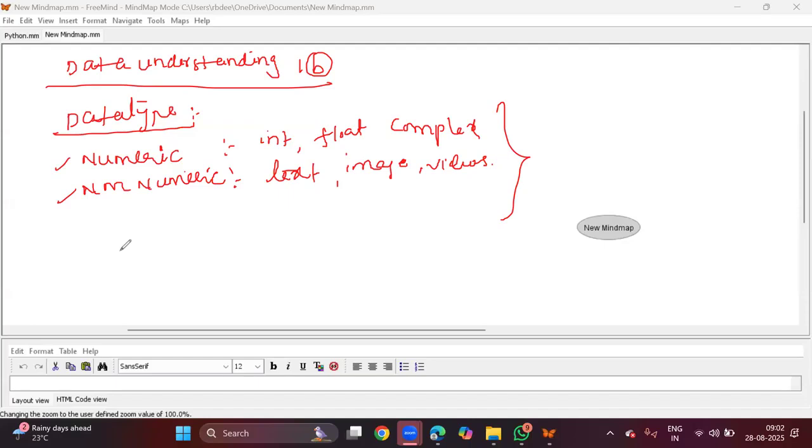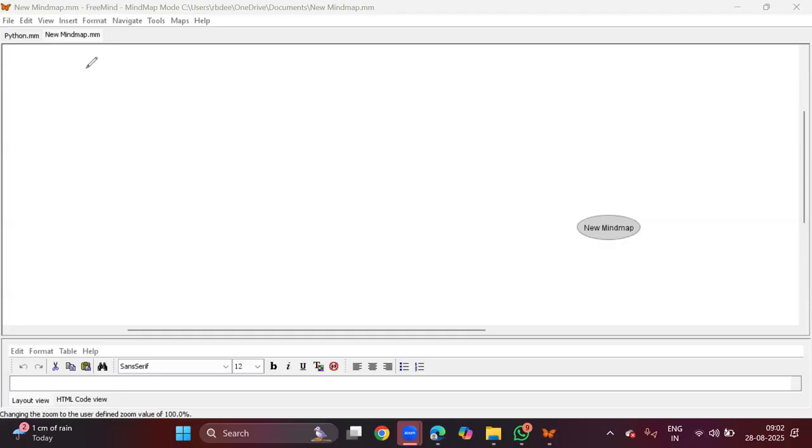But in our story of data science, we are working with the data types in statistical terms. Two data types are there.